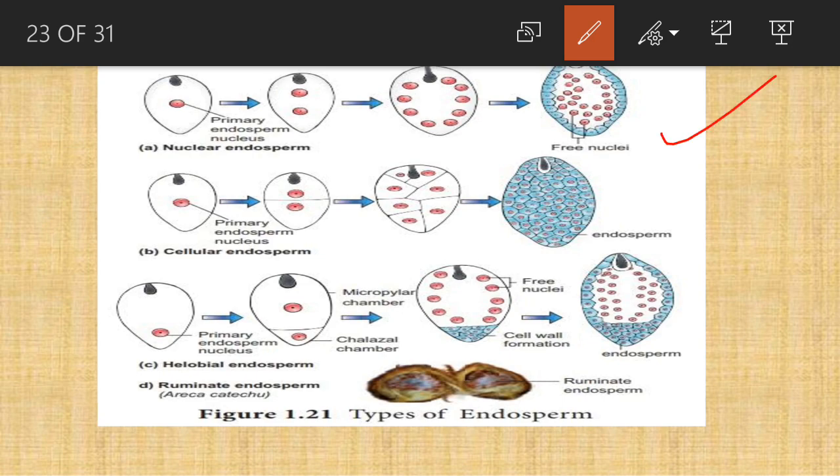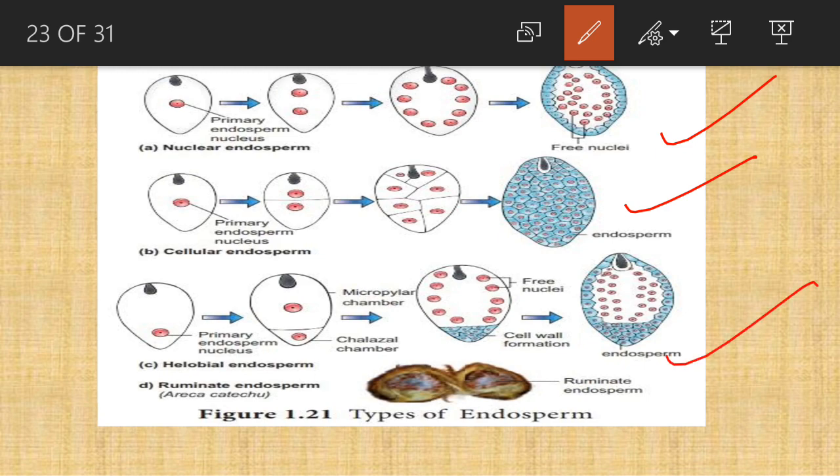In the nuclear type of endosperm, the first division of the primary endosperm nucleus and a few nuclear divisions are not accompanied by wall formation, so only the nuclei divide. In the cellular type, there is cytokinesis after each nuclear division, then there is cell wall formation.